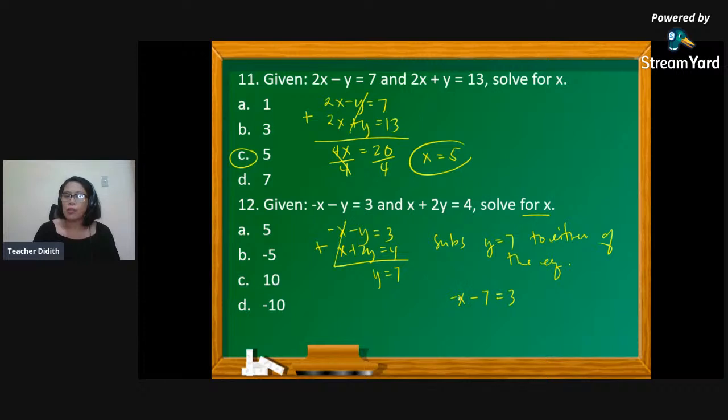And then we can transpose negative x on one side and 3 on the other side. So we have negative 7 minus 3 equals x. And your answer is correct. x is negative 10. And the answer is letter D. All right. So we're in number 13 now.